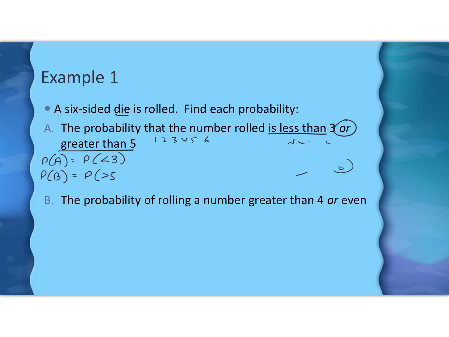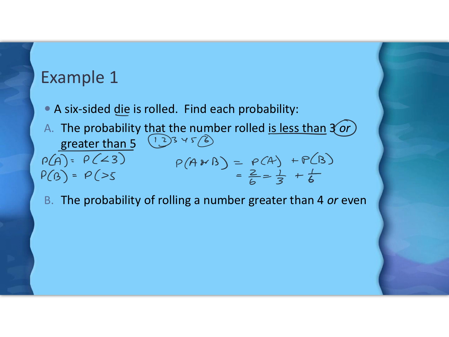So if it's a disjoint event, then I know that the probability of A or B is just going to be the probability of A plus the probability of B. The probability of A, less than 3, is 2 out of 6, or 1/3. The probability of B is just 1 over 6.